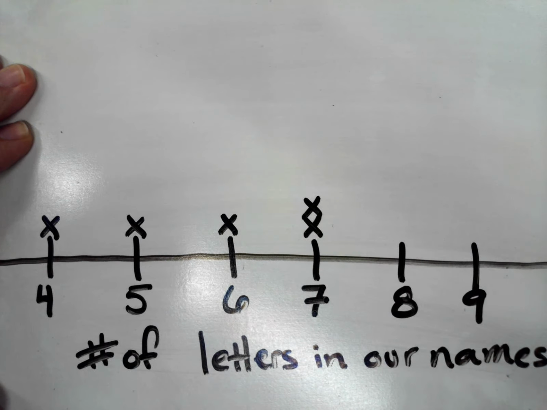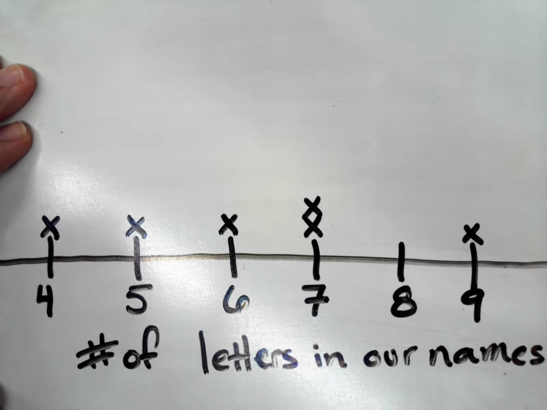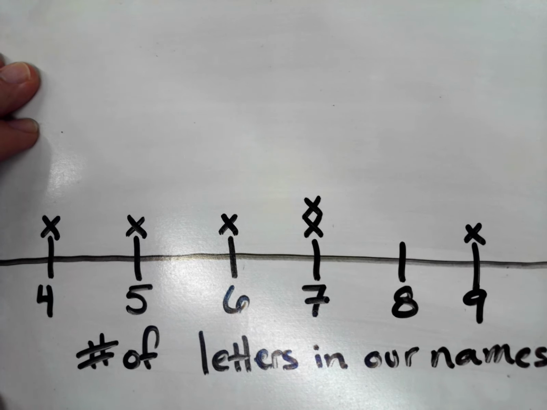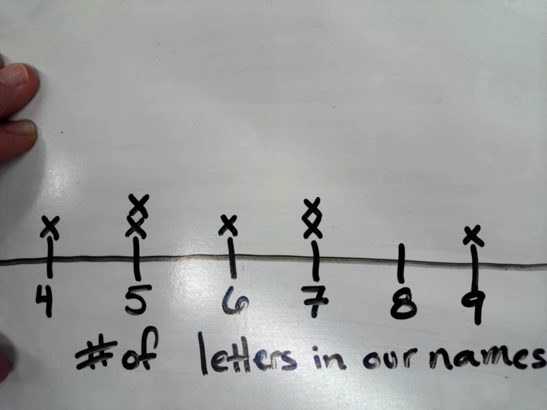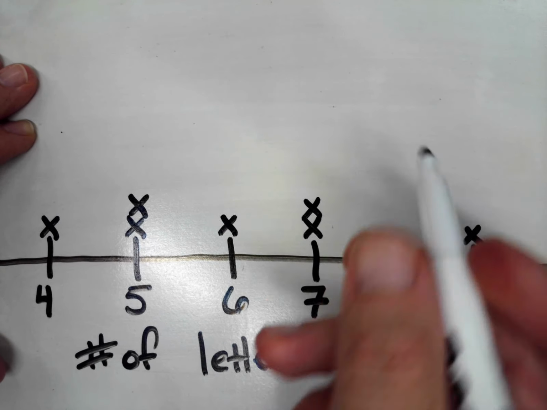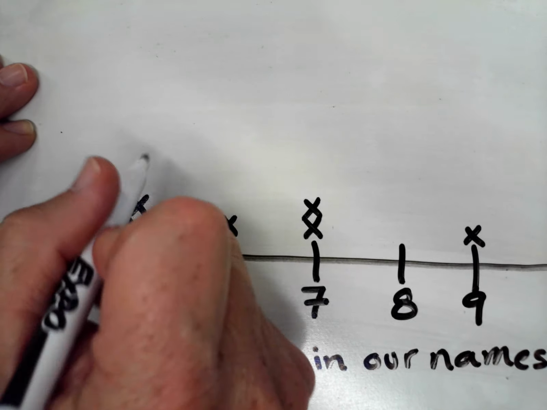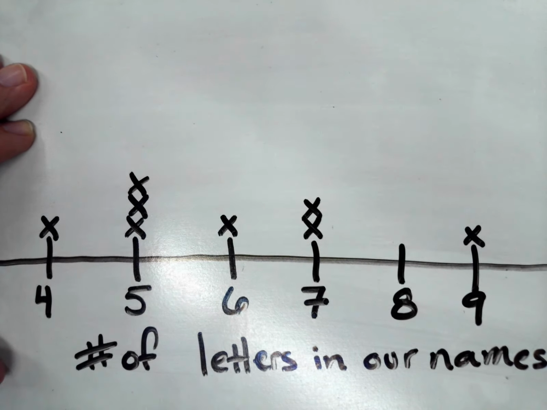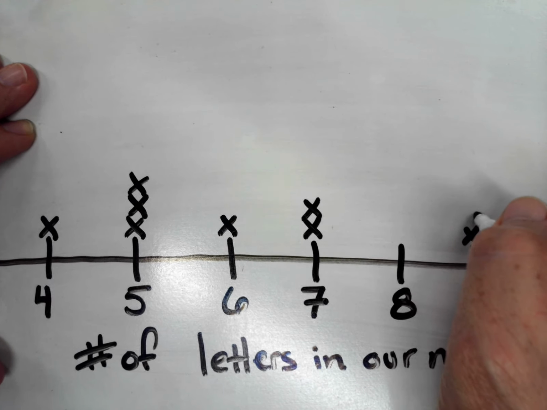Chrissy, I went with Christine, and that's 9. Jacob has 5. Then Grace, even though you go by Gracie, I'm just going off of my roll list, and Grace has 5. Catherine has 9.